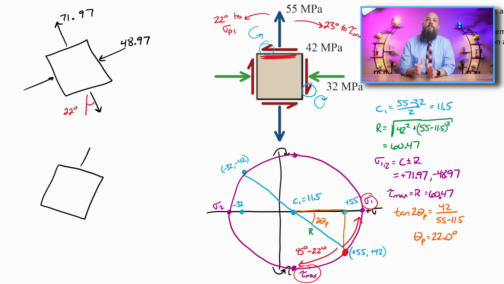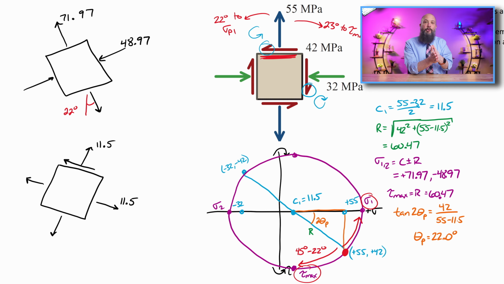What about the direction of maximum shear stress, the maximum in-plane shear stress? The maximum in-plane shear stress would occur if instead of going counterclockwise to P1, I instead went clockwise down to tau in plane max, basically the vertical position.